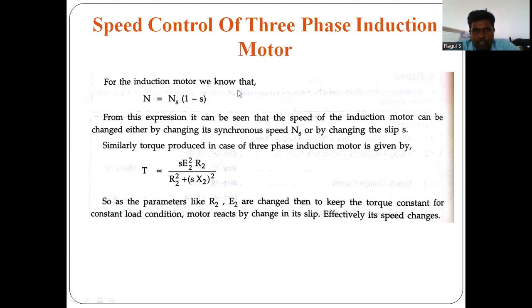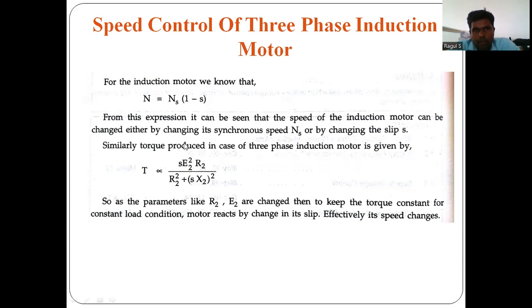We can change either the synchronous speed or the slip, because the speed depends upon two parameters: one is the synchronous speed and the other is the slip. Similarly, the torque produced in a three-phase induction motor is directly proportional to slip, voltage and secondary resistance.